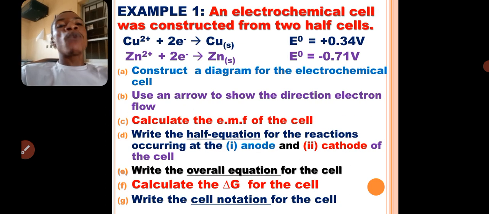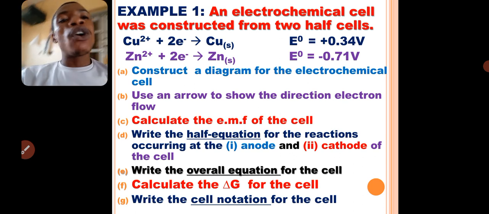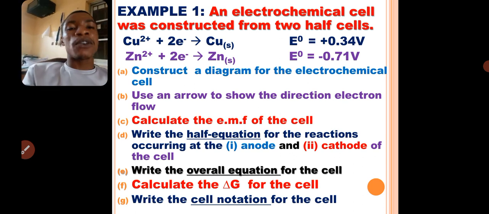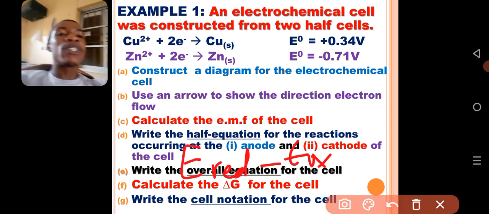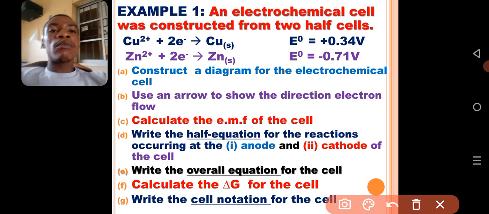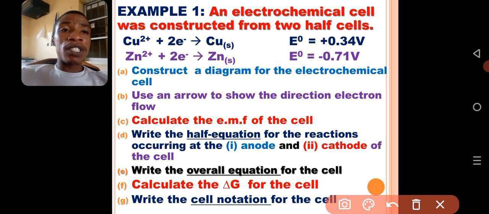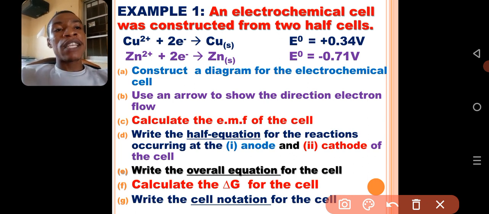Let's look at example 1. We are given an electrochemical cell constructed from two half cells. The first half cell is the copper half cell, which is written as Cu2+ + 2e- giving us Cu, and the reduction potential of the copper half cell was taken to be +0.34 volts.